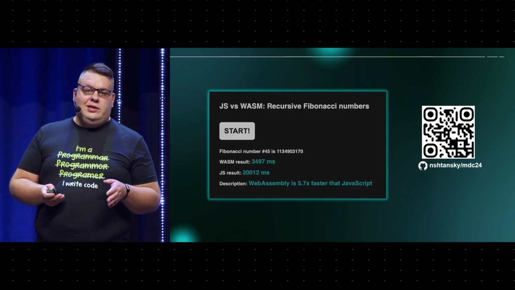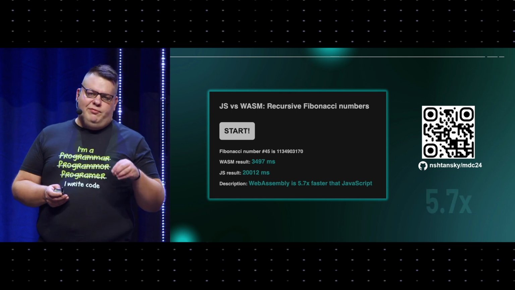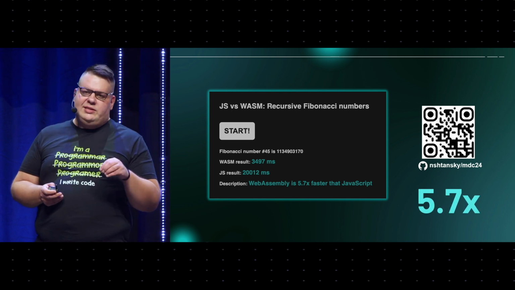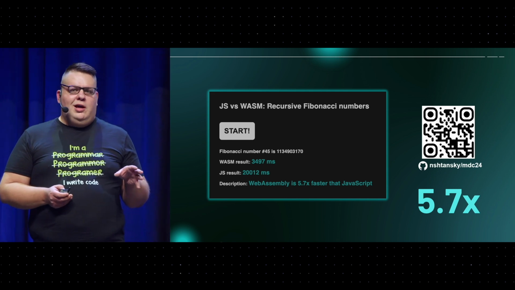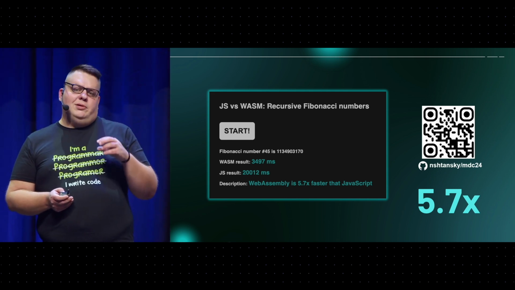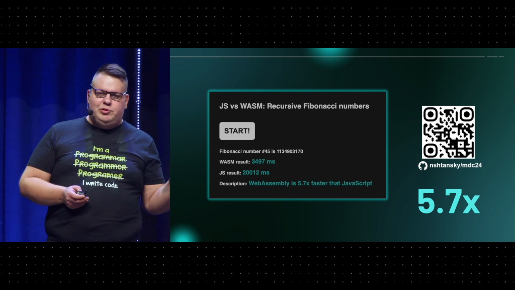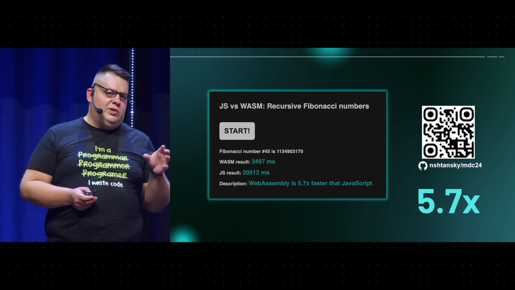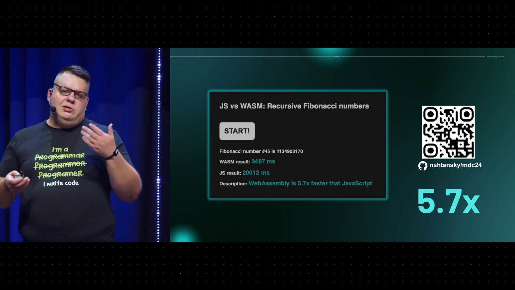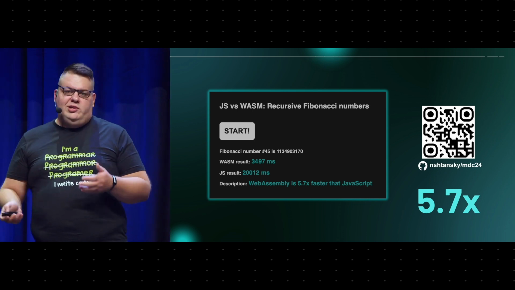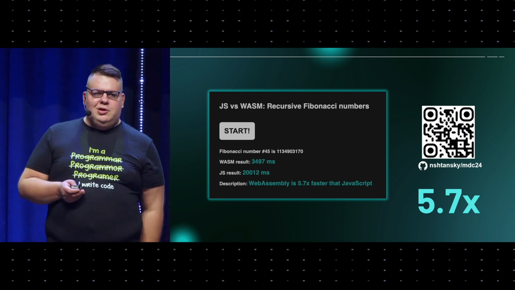As you can see, WebAssembly performs this task almost 6 times faster. Isn't it impressive? And it's a really simple program. Imagine the gains you will get on complex computations. And as I already said, you can try it yourself later, just take your time.